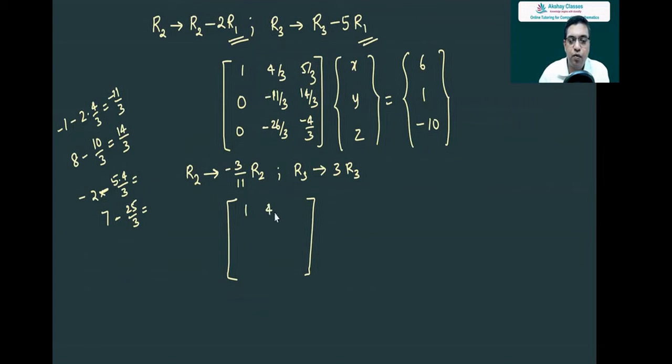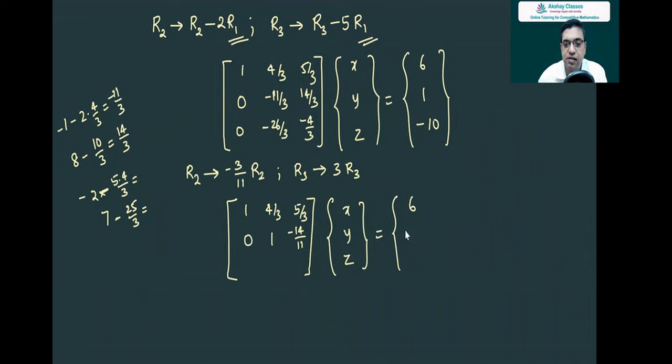So 1, 4 by 3, 5 by 3, 0, 1, minus 14 by 11. This is 6, minus 3 by 11. And the last one multiplied by 3, minus 26, minus 4, minus 30.